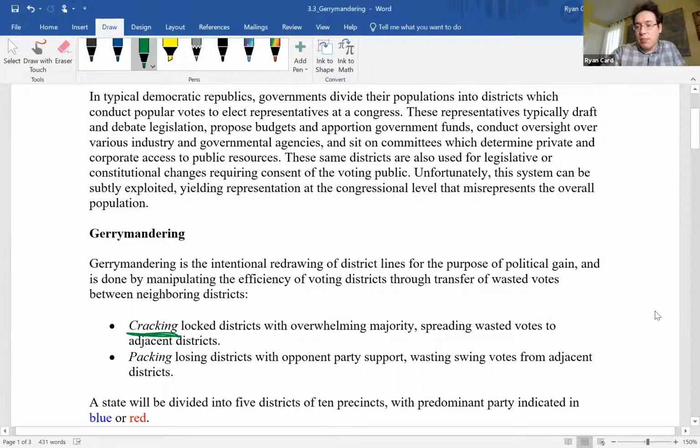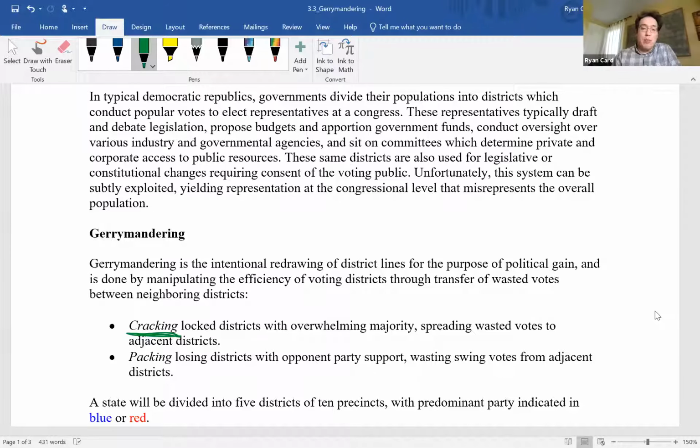Packing is another technique. Packing is creating a district that goes to the side that you don't want to win very much, but you're doing it in such a way that it contains as many of those votes as possible.